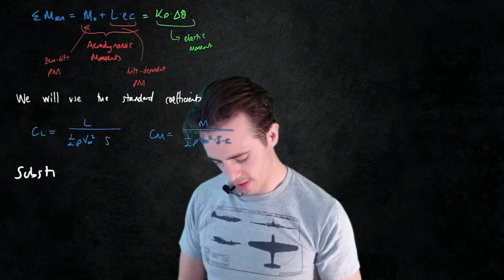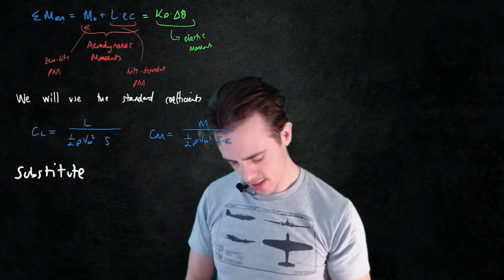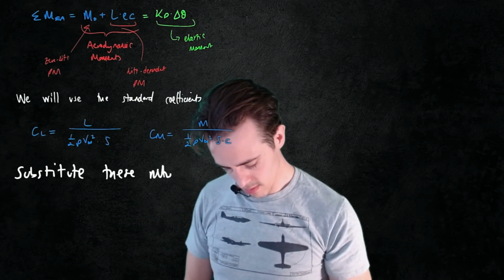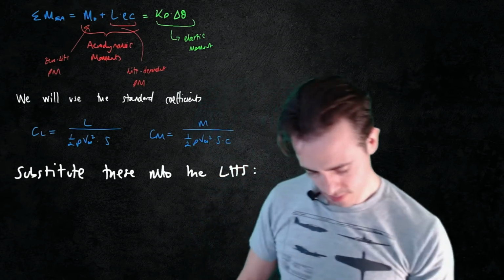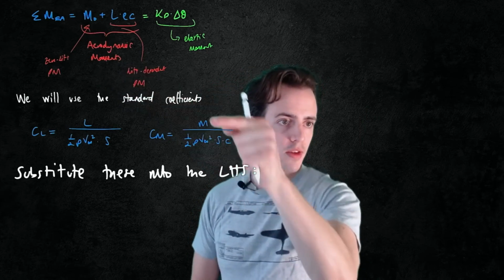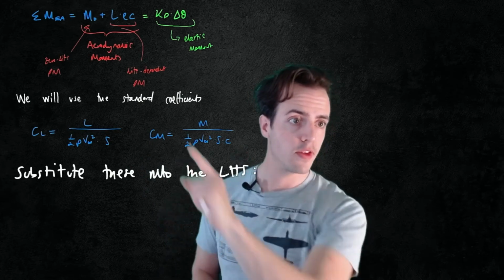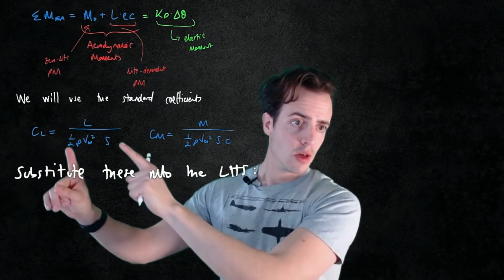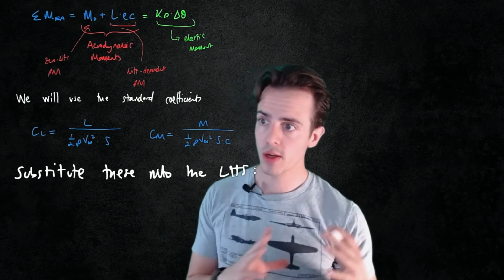So we're going to substitute these into the left-hand side. So the zero lift pitching moment is going to be equal to the zero lift pitching moment coefficient multiplied by the denominator, and then the lift is going to be equal to the lift coefficient multiplied by the denominator of this one. So I can concatenate those two terms in here.